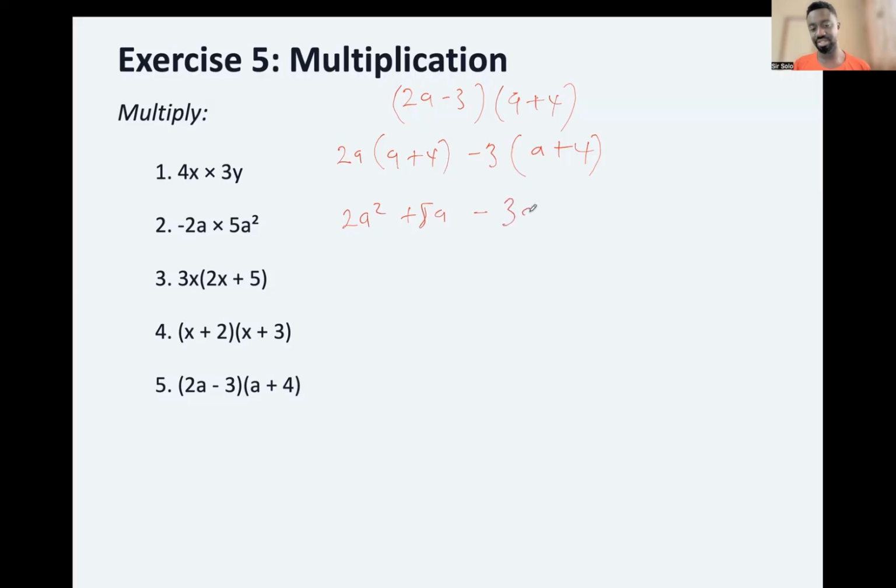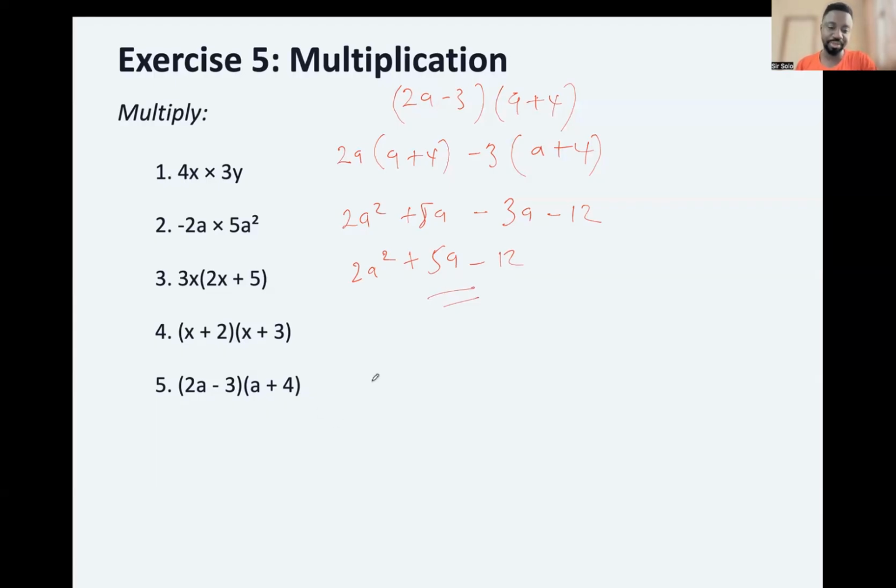Minus 3 times 4 gives us minus 12. We group like terms, so 2a squared plus 8a minus 3a makes 5a minus 12. So this becomes the final answer.